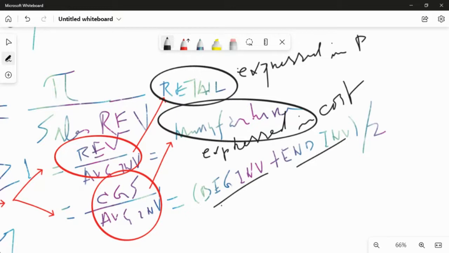That's how, as I've been telling you, revenue is the price side of the cost. CGS is the cost side of the revenue. So to take the inventory turnover ratio in retail, all the data must be expressed in the selling price, right? Otherwise, this ratio would be overstated. Okay.